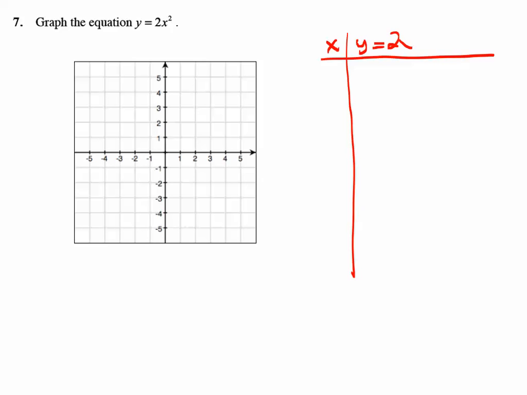Usually if it gets a little more complicated, we make it into this kind of a chart here. Because then you can see what you plugged in, you can see what you calculated, and you can see what you got out. If you can sort of do all the calculation in your head, then you can just put the x and y coordinate there.